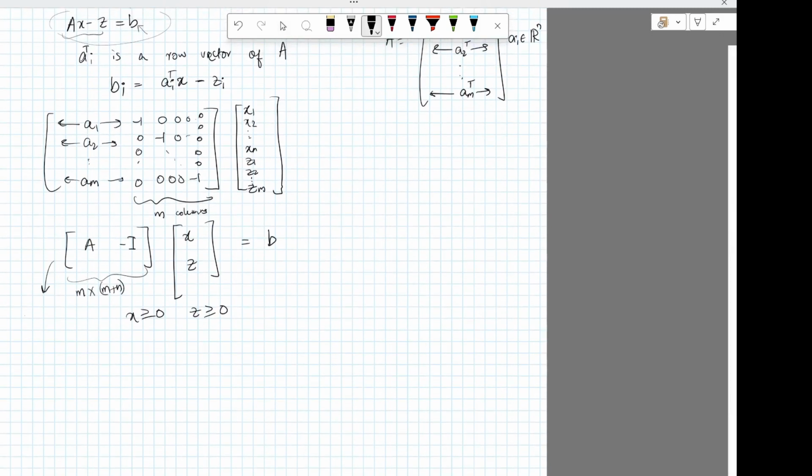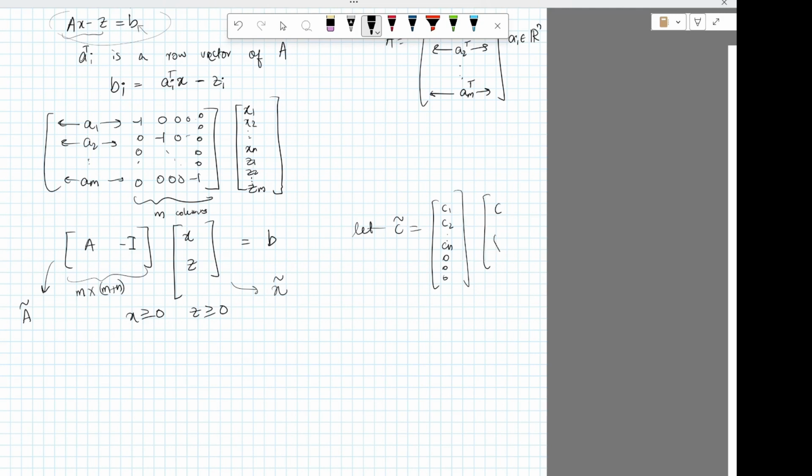This I can call A tilde, and this I can call x tilde. And I can have c tilde equal to c1, c2, cn, 0, 0, 0.